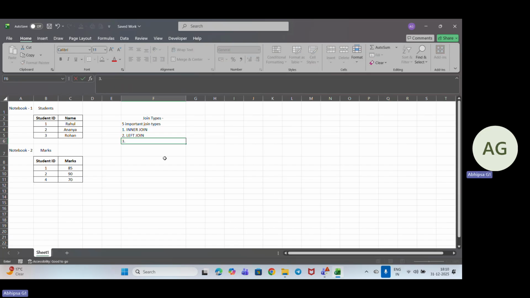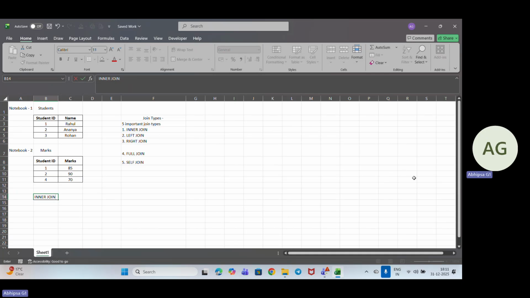The third one is right join. The fourth one is full join. And the fifth one is self join. We will be learning each one of them accordingly. The very first one we need to discuss is the inner join.